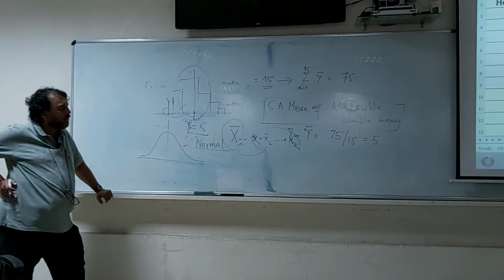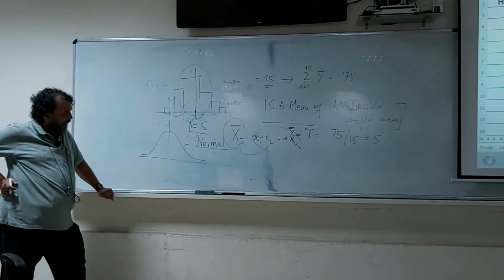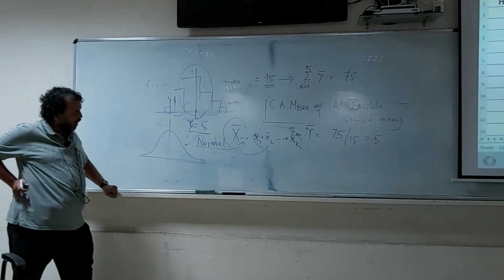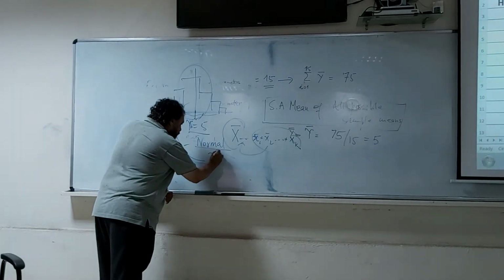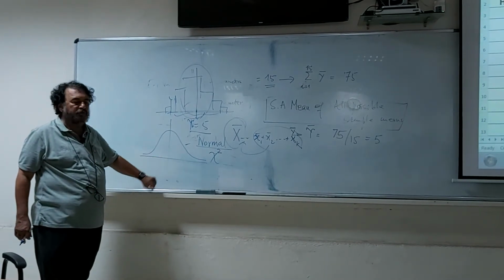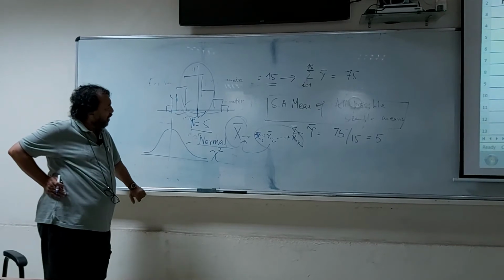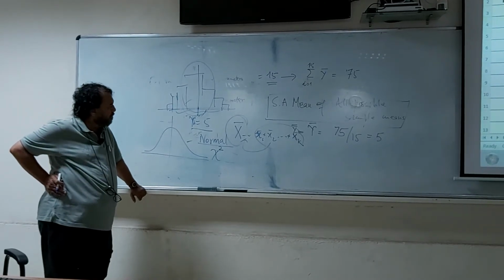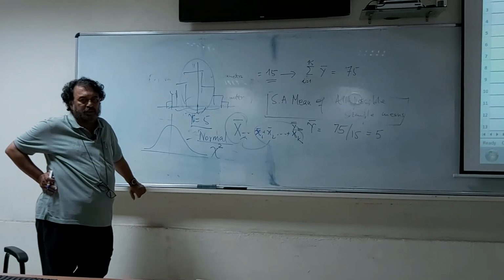We are going to resort to the use of the normal distribution in a variety of ways. For example, in test statistics, we are going to use the normal distribution, and then we are going to use the chi-square distribution, which also, as degrees of freedom increases, converges to a similar kind of shape. So the normal distribution is a very essential idea, and it doesn't matter what kind of population.